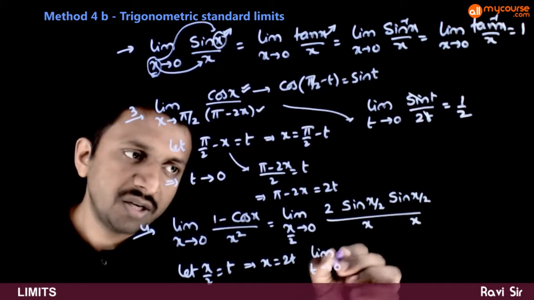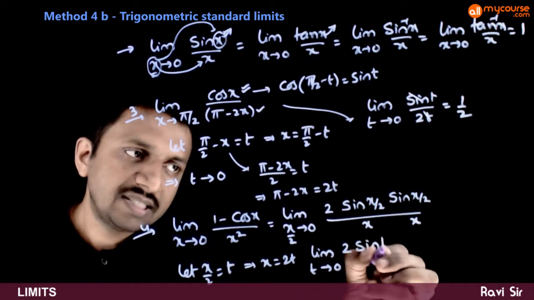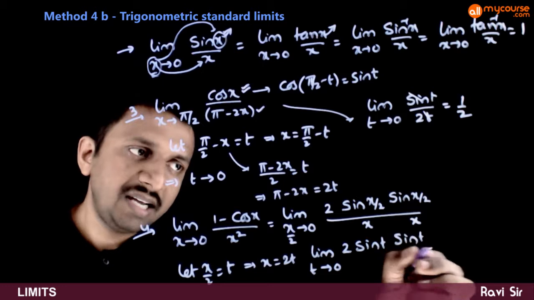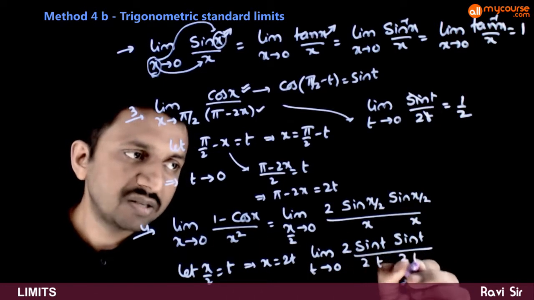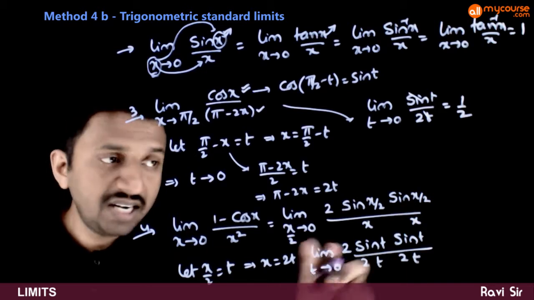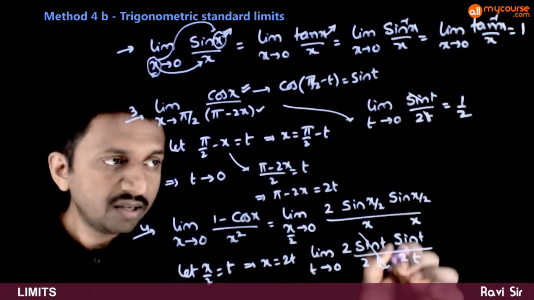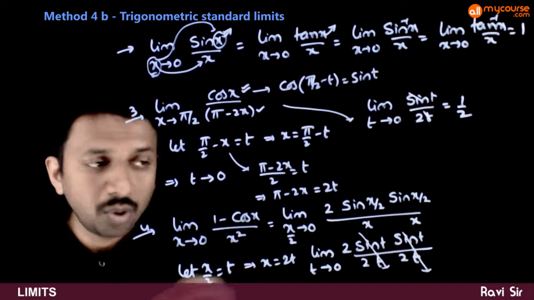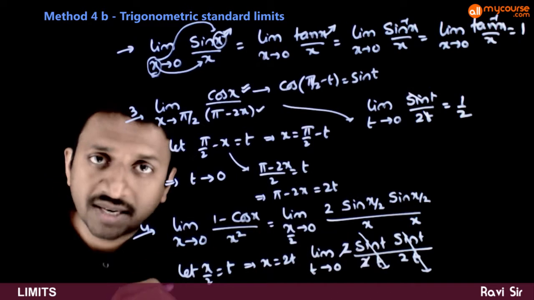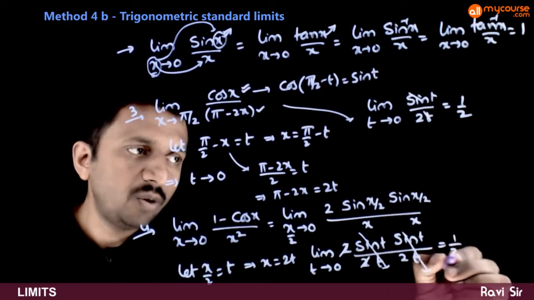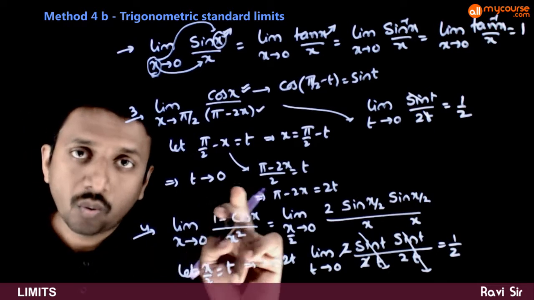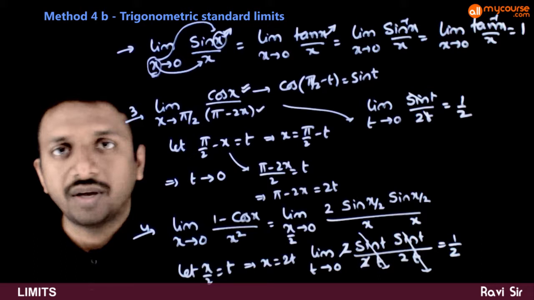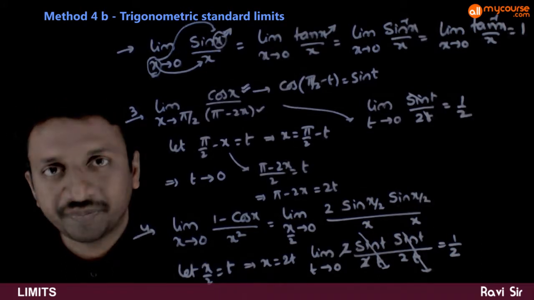Limit t tends to 0, 2 sin t by 2t times 2t. So as t tends to 0, sin t by t is 1, and sin t by t is again equal to 1. The 2 and another 2 get cancelled. So you get 1 by 2 as the answer. So limit x tends to 0, 1 minus cos x by x square is 1 by 2.